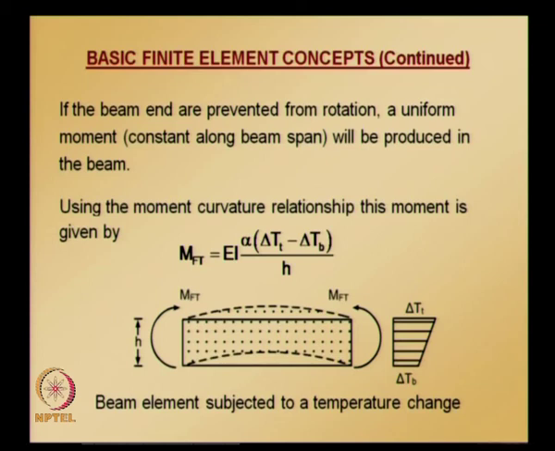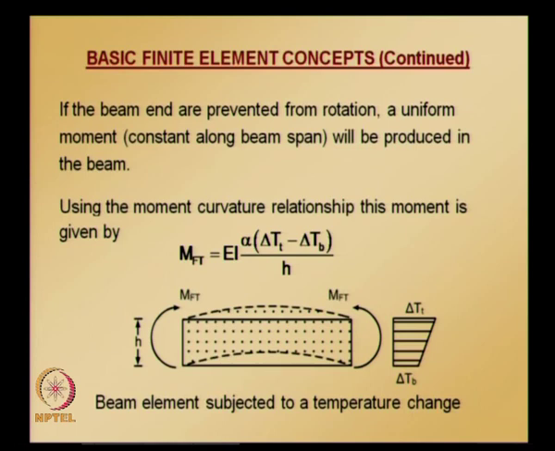These fixed end moments due to temperature changes are shown in the figure, and please note that the direction of these moments is such that they oppose the beam curvature, and whatever is shown in the figure corresponds to the case of top surface temperature higher than bottom surface.